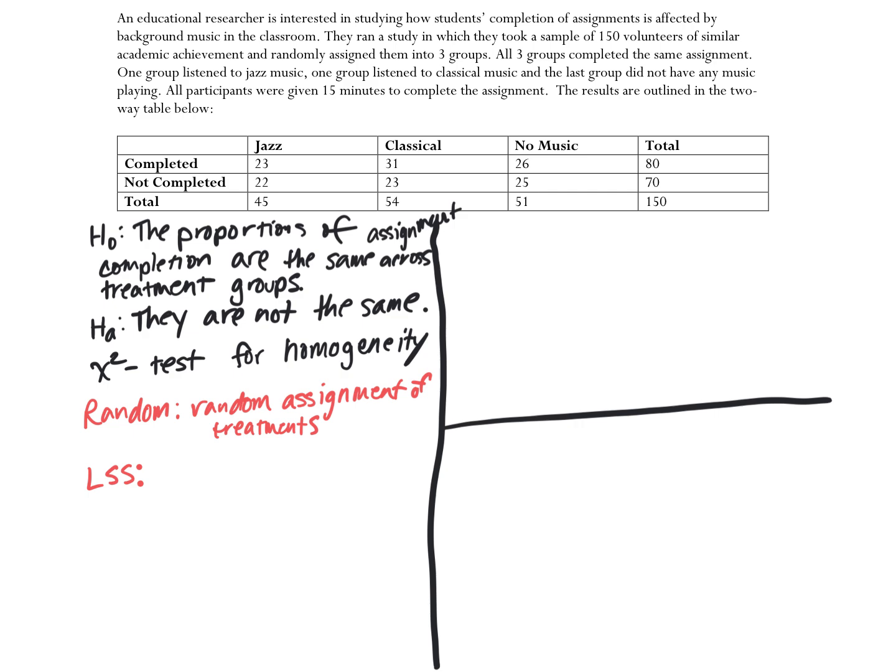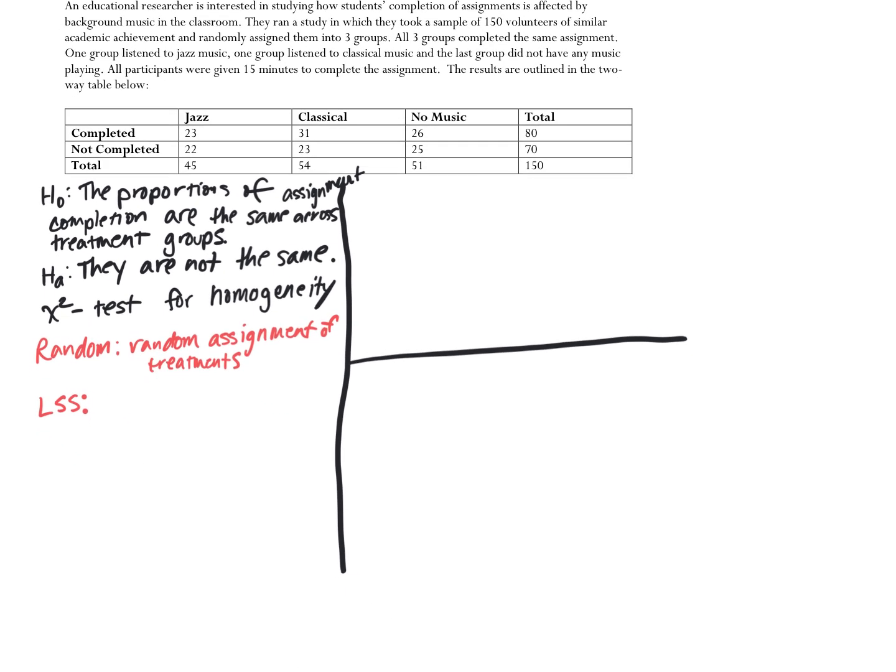Essentially, what my calculator needs to know is not just these 6 numbers. It needs to know that the 23 and the 22 go together column-wise, and the 23, the 31, and the 26 go together in the same row. So I need to enter rows and columns into my calculator for it to do this.